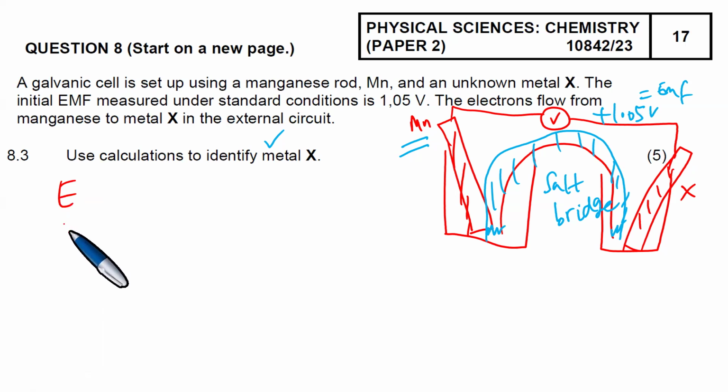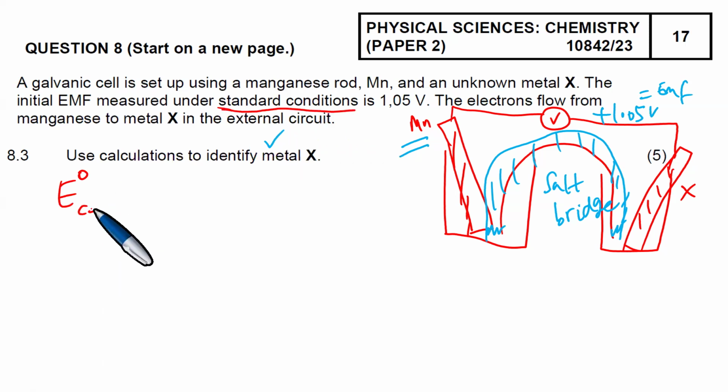We use the formula E naught. Under standard conditions, this E naught has to do with standard conditions. So this EMF is measured under standard conditions of temperature and pressure.